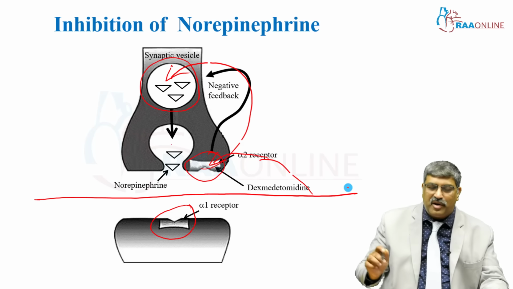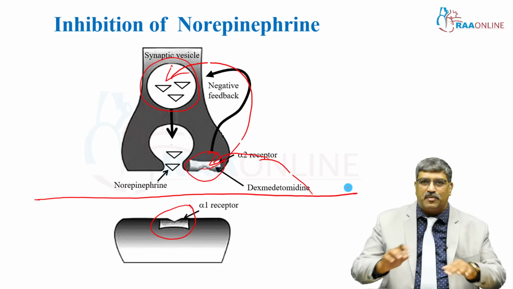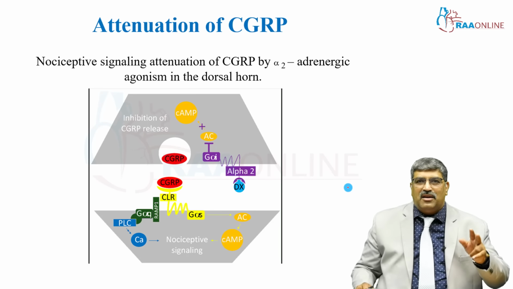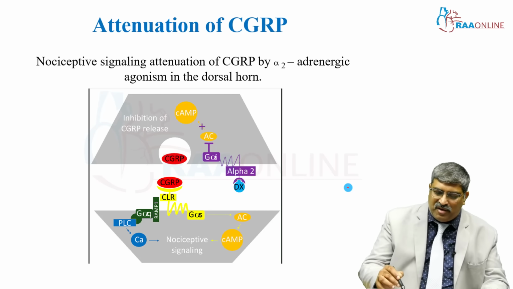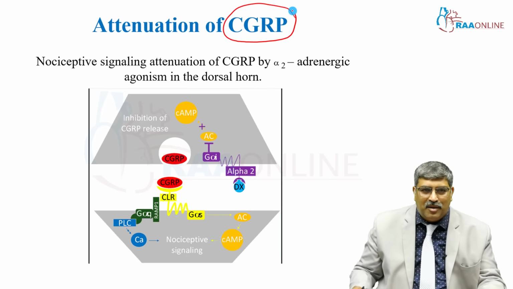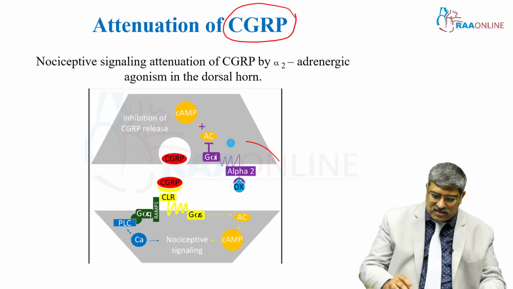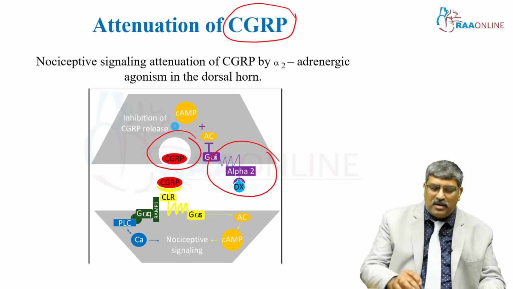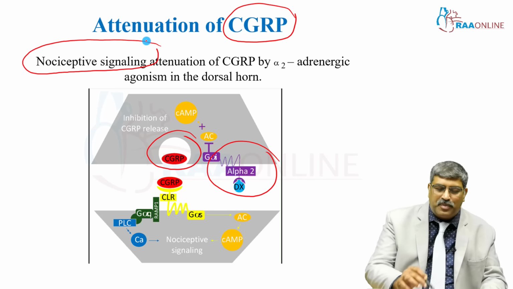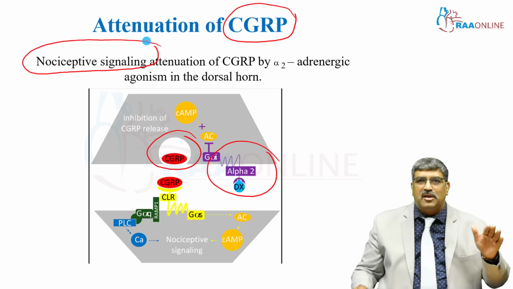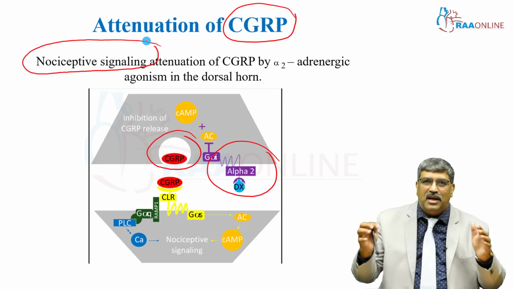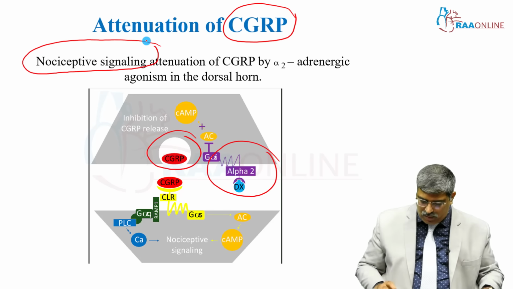So, vasoconstriction is prevented. Second, it helps via attenuation of calcitonin gene related peptide. Through this calcitonin gene related peptide, it prevents the nociceptive signal. So, nociception acts through CGRP, which is prevented with the dexmedetomidine alpha-2 combination.